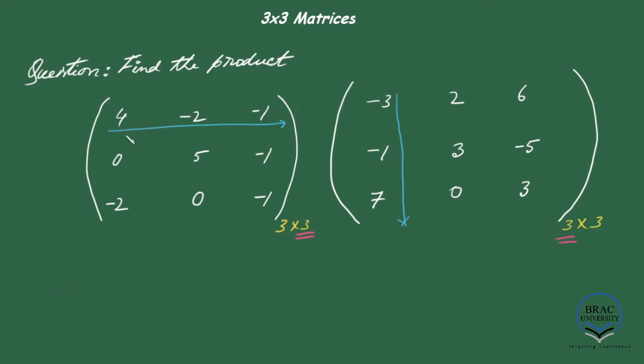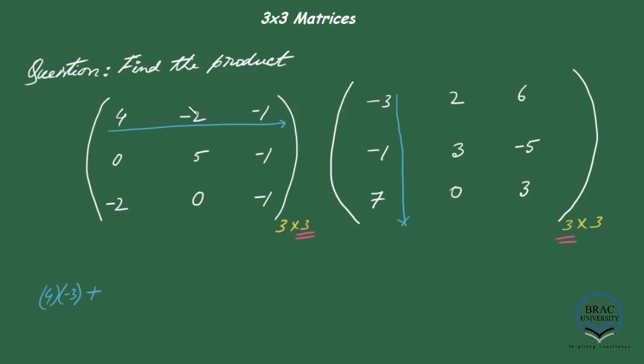Over here, we're going to pick the first entry of the first row that I've selected, so that's 4. Let me write it over here, 4. And the first entry of the selected column is -3, so we have to multiply them, plus we have to add all of them up.